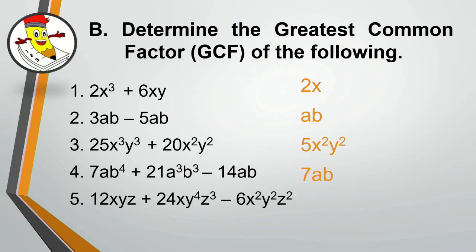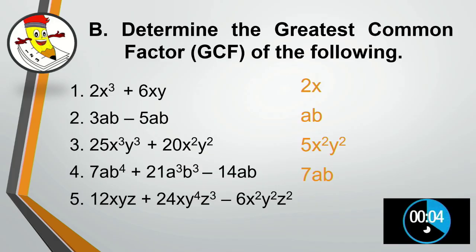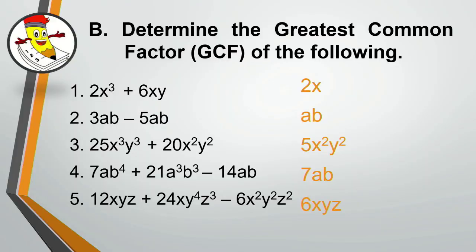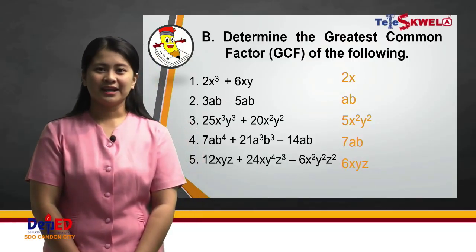And number 5, 12xyz plus 24xy to the fourth z cubed minus 6x squared y squared z squared. 6xyz. Were you able to get the correct answers?